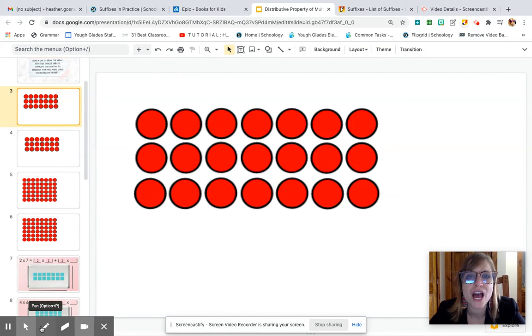So we talked a lot today about what the term distributive means. So what we did is we took out the root word. The root word for distributive is distribute. So when you distribute something, you are divvying or splitting it up.